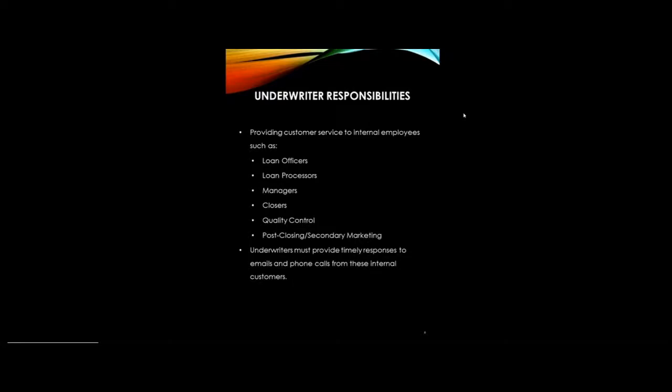Underwriters must provide timely response to emails and phone calls from these internal customers. Internal customers are the ones that we just went over.